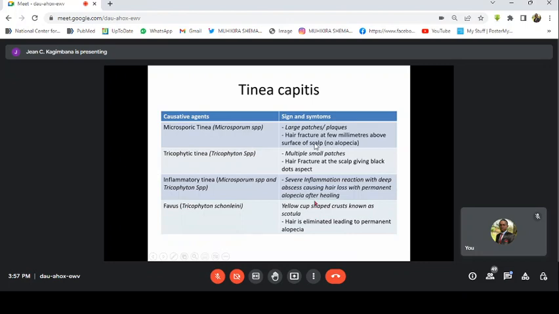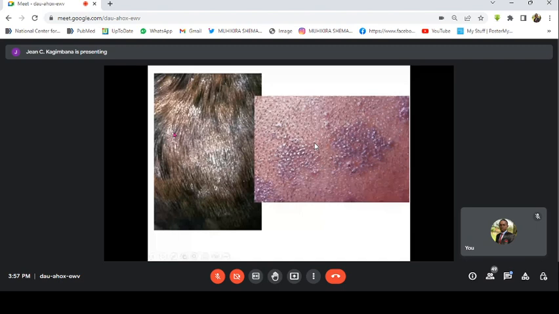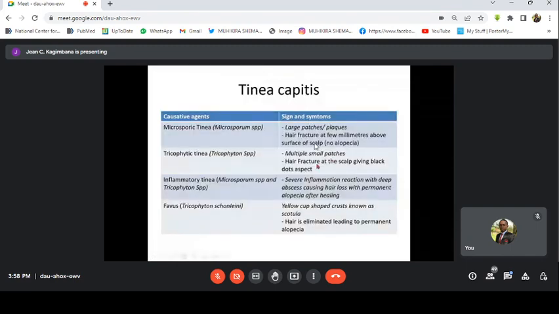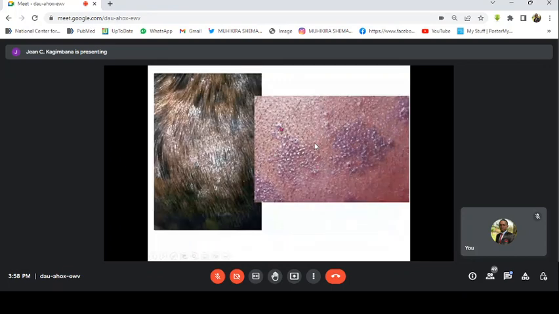I think this is for description, but what we see, this one is a microsporum because of the fracture a few millimeters from the hair. But here you have patches just at the scalp. This is trichophytic. This is what I was saying. Small multiple patches, you see?